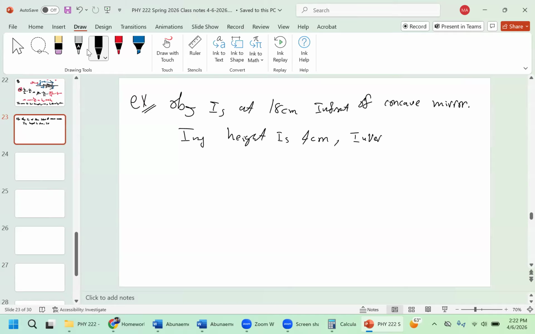Now this is going to be inverted at a distance of 14.4 centimeters from the pole. Find HO. Go ahead. I'll give you all a couple minutes to do it.